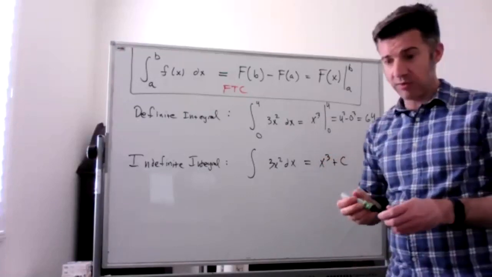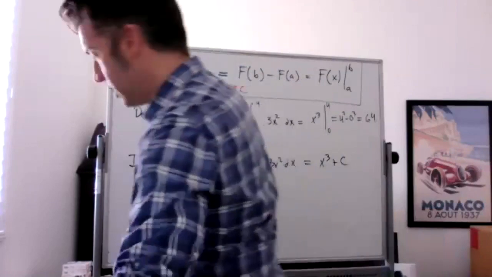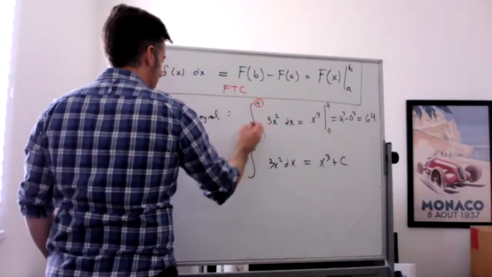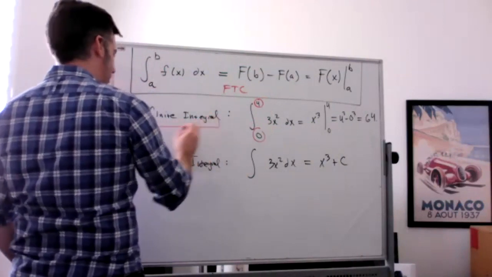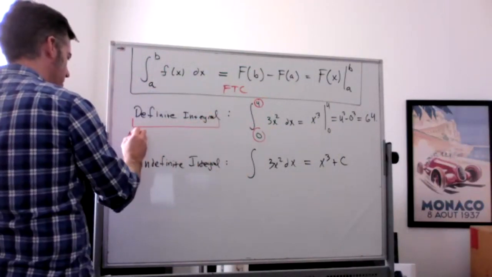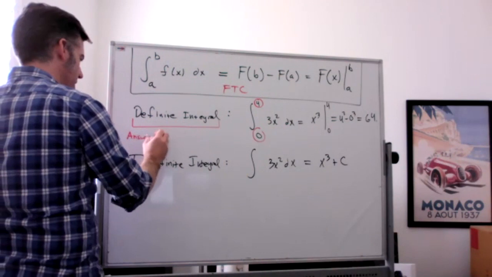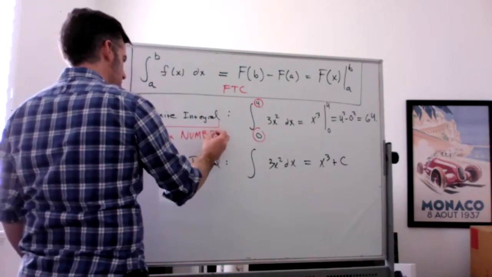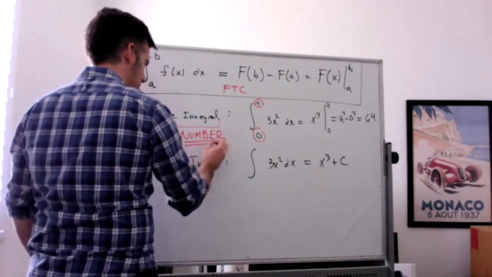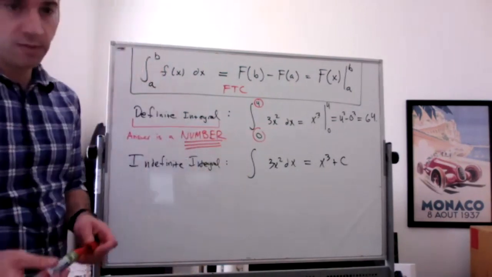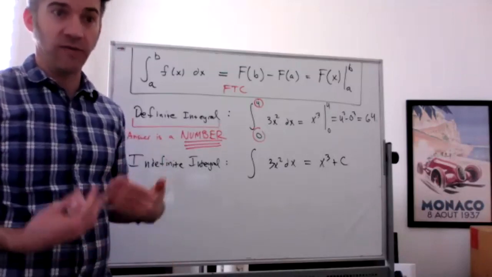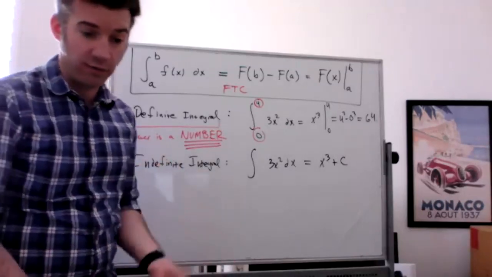So here's the thing to remember. A definite integral has limits of integration. And when you find a definite integral, your answer is a number, typically representative of some sort of area under the curve.